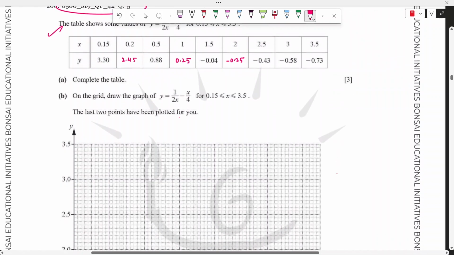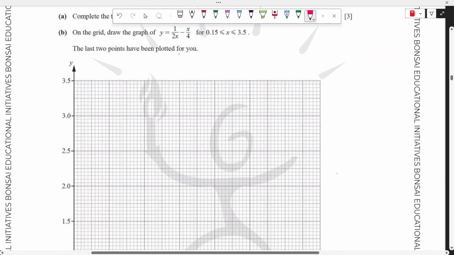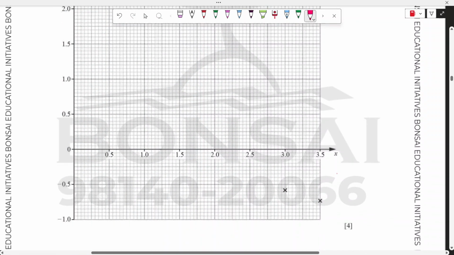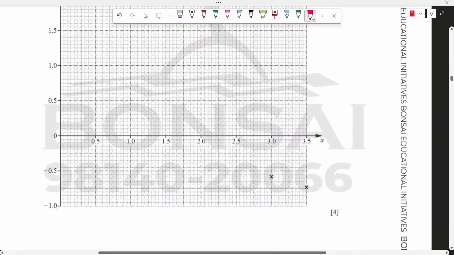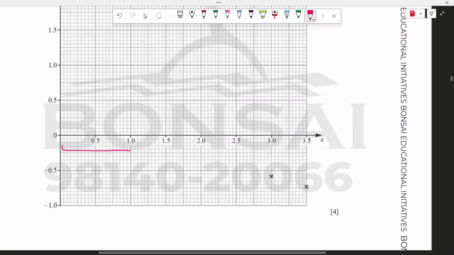And let us move further on the grid. Draw the graph, and the last 2 points have been plotted for you. So here the 2 points have been plotted. See carefully, it's a long graph. So you need to take the divisions under consideration. This 1 unit is divided into 20 parts.